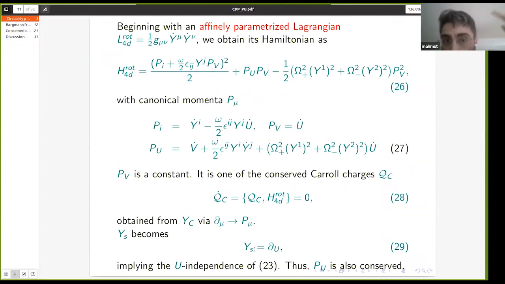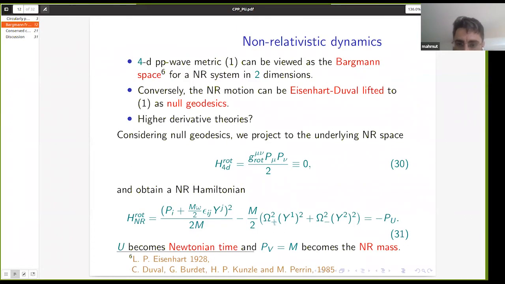I can generate conserved quantities for the 4-dimensional geodesic motion for the relativistic metric. And all these conserved quantities project to the non-relativistic system, which is lower dimensional, with a 4-dimensional phase space, and they will be conserved quantities for this non-relativistic system.